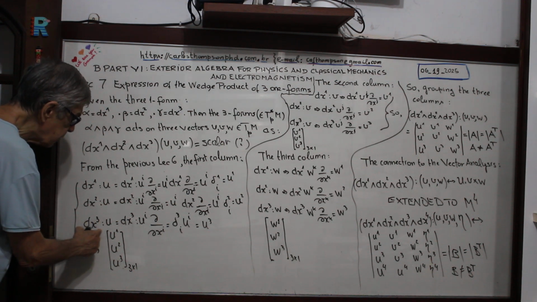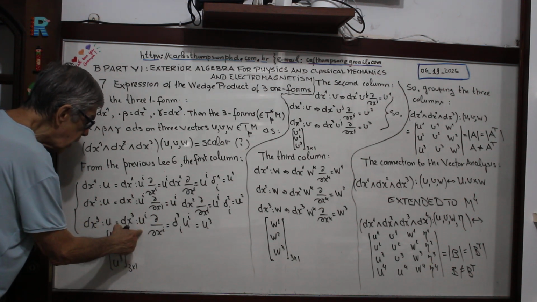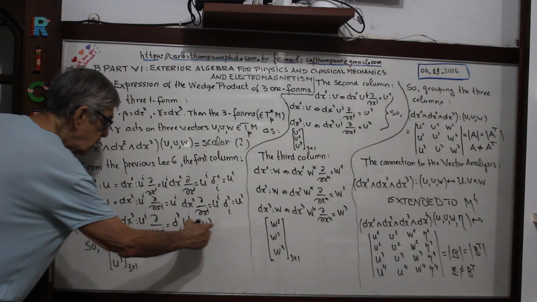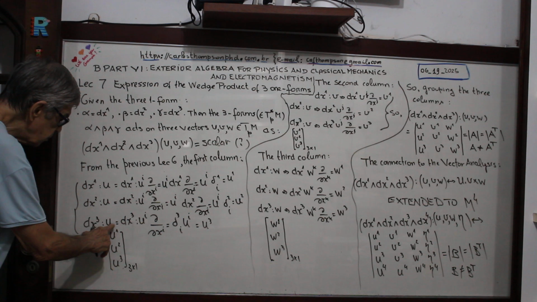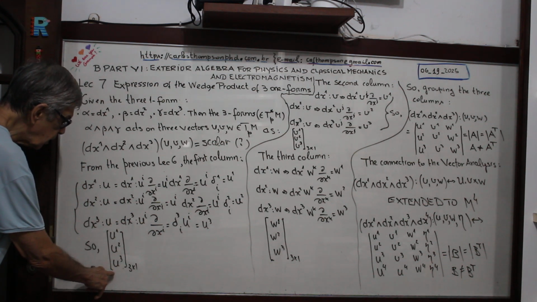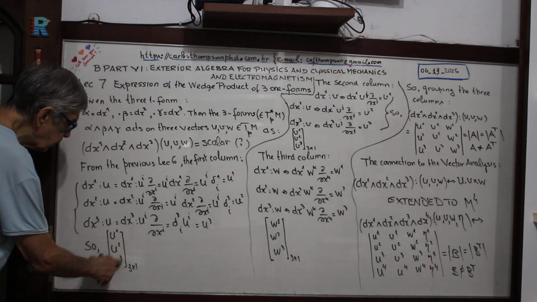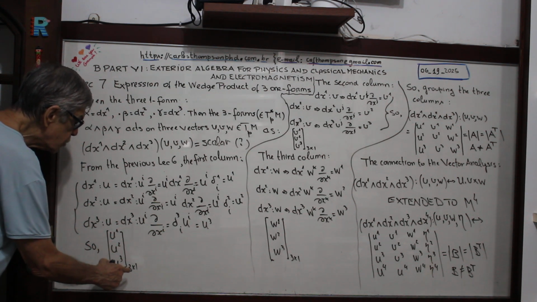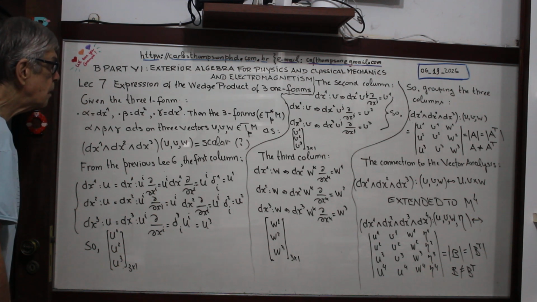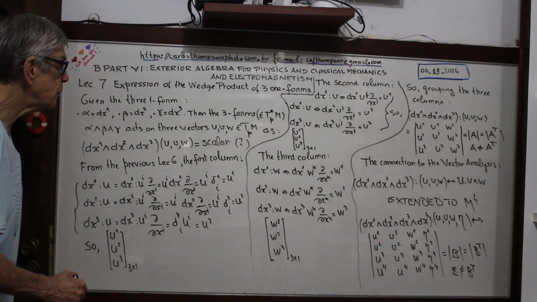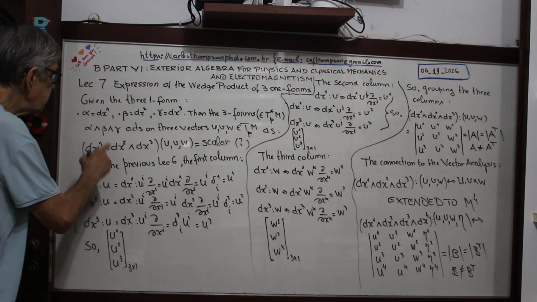This is a linear map. dx3 of u^i partial x^i leads to u3. So this will be the first column, okay? u1, u2, and u3. The dimension is 3 by 1. That's a column.